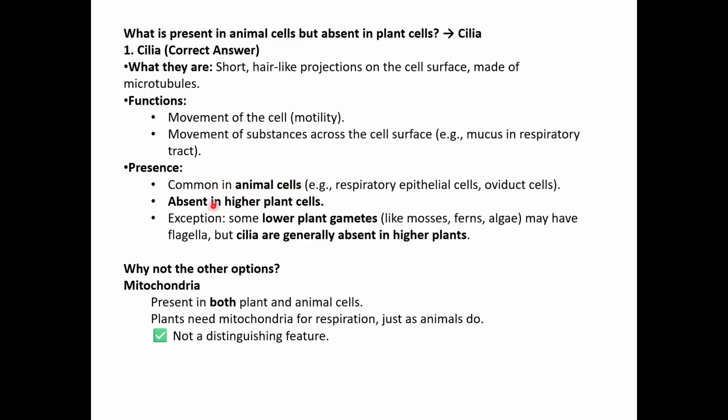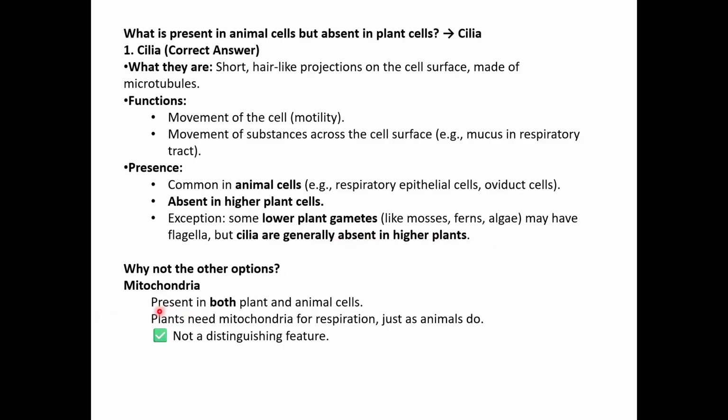Common in animal cells, absent in higher plant cells. The exception is some lower plant gametes, like mosses, ferns, and algae. They have flagella but not cilia. Cilia are generally absent in all the higher plants.